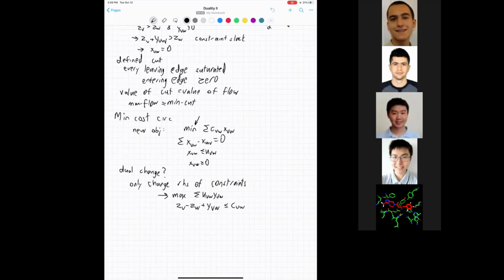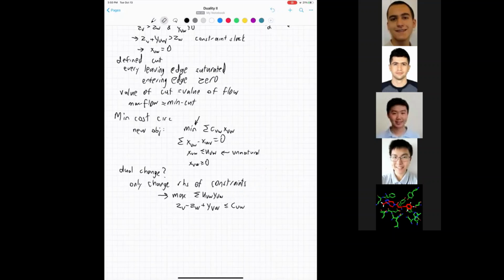But since I'm now doing a minimization problem, these upper bound constraints are in the unnatural direction. And that means that we get upper bounds for our maximization instead of lower bounds. Sorry, I wrote the wrong thing.